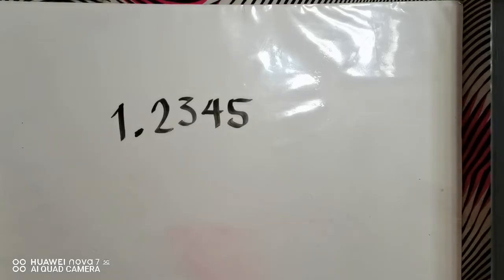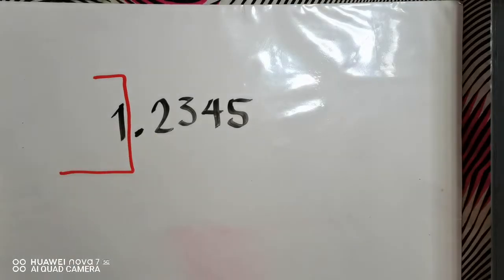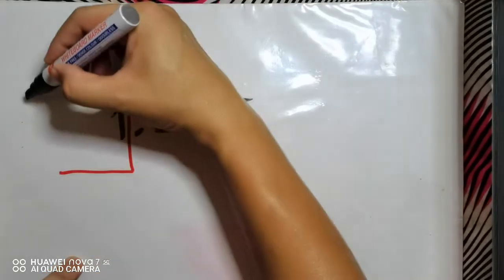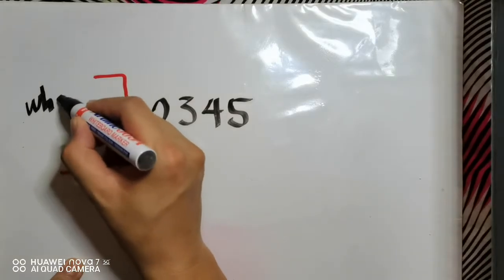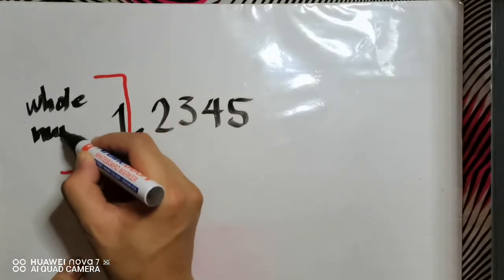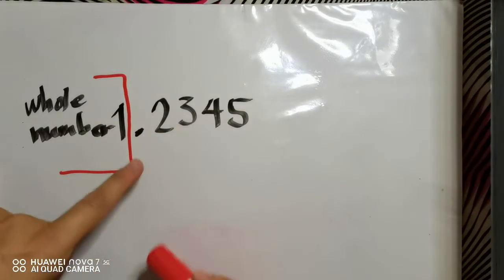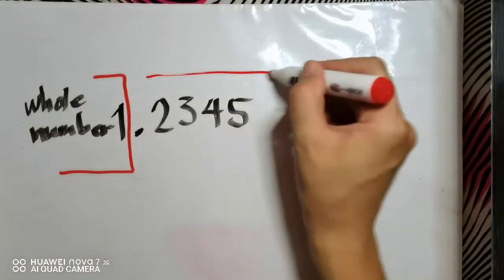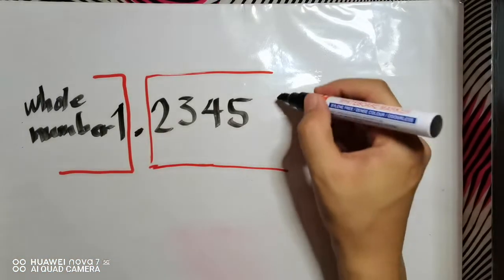So, yung number na nandito, yan ang tinatawag natin na whole number. Okay? Now, on the other side, we call this a decimal point. Ito naman yung tinatawag naman natin na decimals.